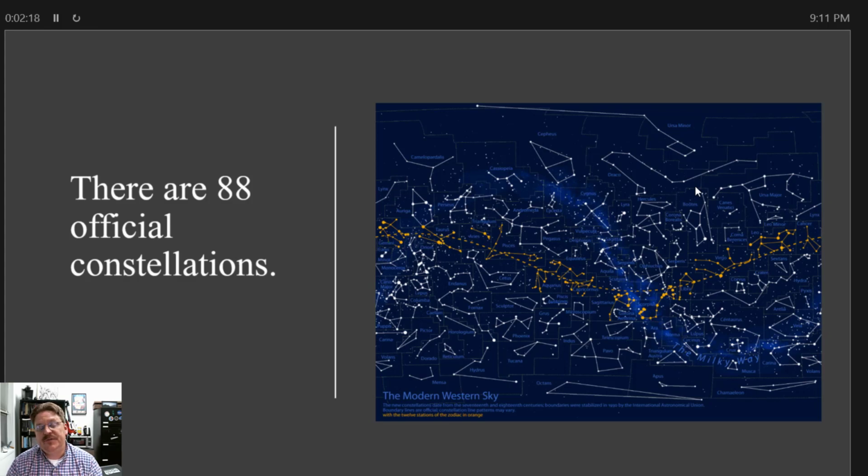The vast majority of the constellations in the northern hemisphere are typically Greek in origin, although there is a robust Chinese constellation catalog, there is an Arabic constellation catalog, and so forth.